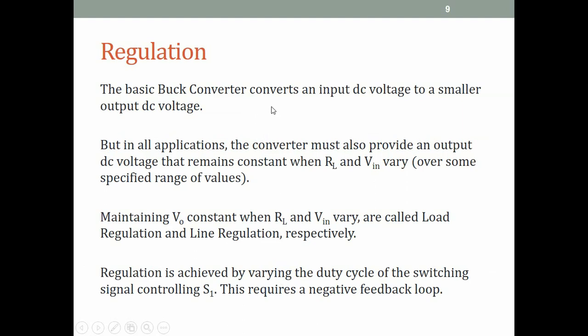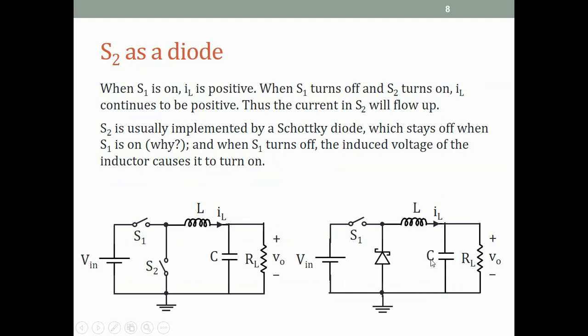So this basic buck converter, for a given switching frequency, converts one DC voltage to another DC voltage at the output. Now as we saw last time, if RL changes, then what will happen in this circuit?